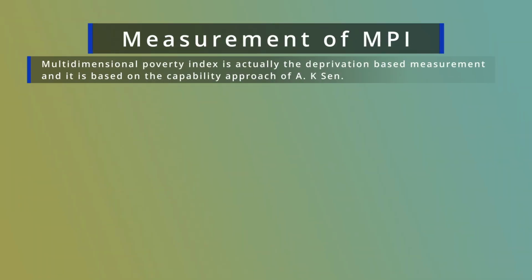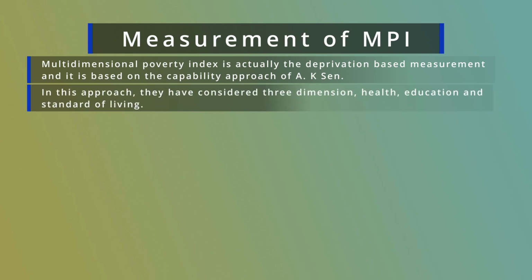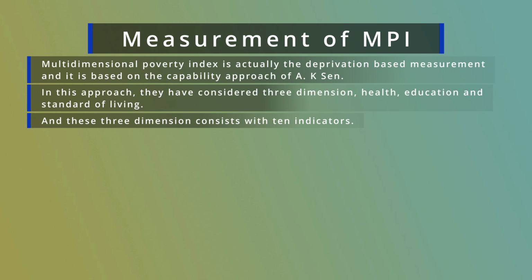Now we come to the measurement of the multidimensional poverty index. It is actually a deprivation based measurement, and it is based on the capability approach of Amartya Sen. In this approach, they have considered three dimensions: health, education and standard of living, and these three dimensions consist of 10 indicators.